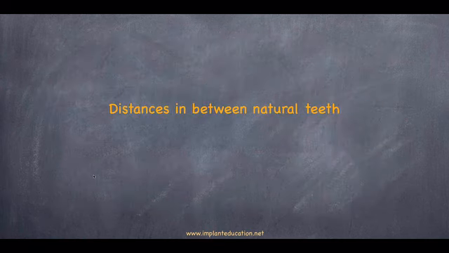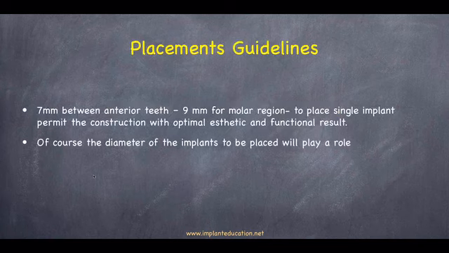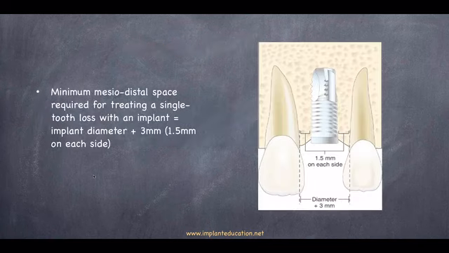Now, distance in between natural teeth, that's very easy because we said we would like to stay 1.5 to 2 millimeters away from a natural tooth. So obviously 1.5 millimeters, let's say minimum on each side, plus the diameter of the implant. So what is the minimum distance between 2 teeth I need to place a 4 millimeter implant? That would be 1.5 plus 4, the entire diameter, plus 1.5 on the other side.